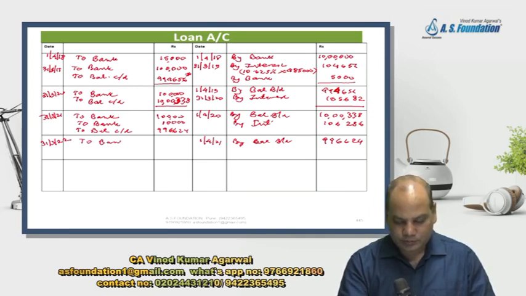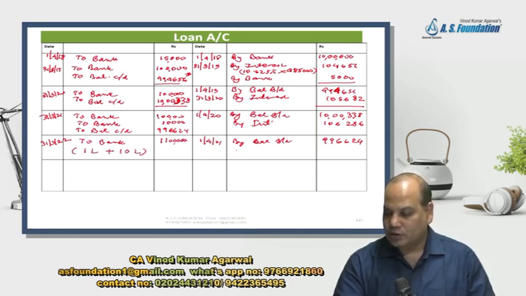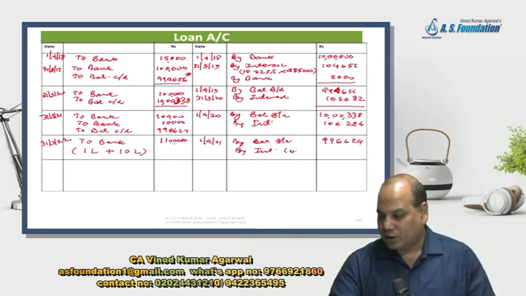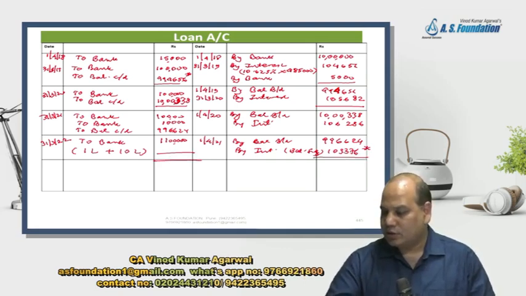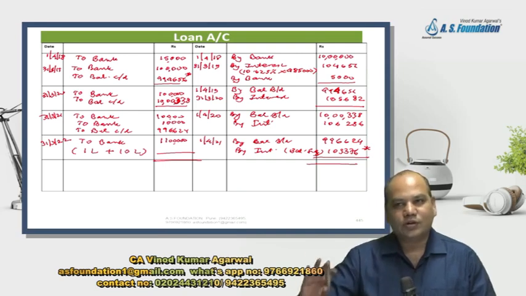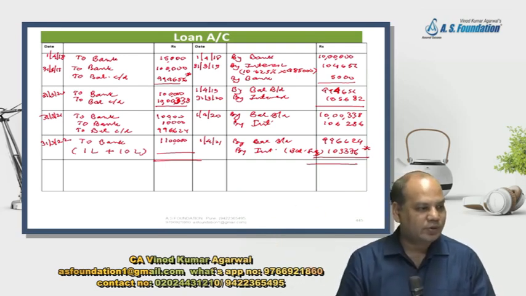First I'll pay. How much I will pay? 11 lakh. 1 lakh plus 10 lakh. And write by interest, balancing figure amount 1033. Is it tallying 11 lakh? Is it just the opposite of that 17 number question?